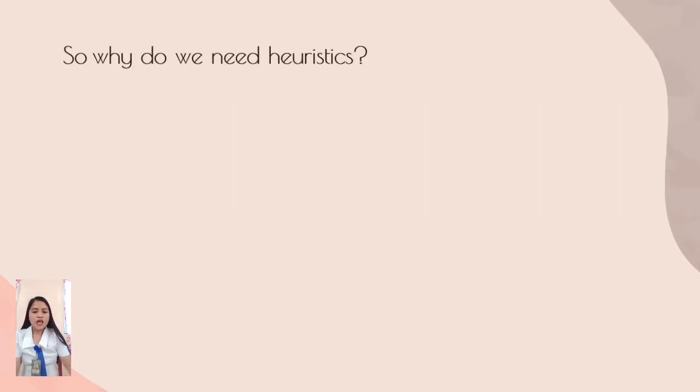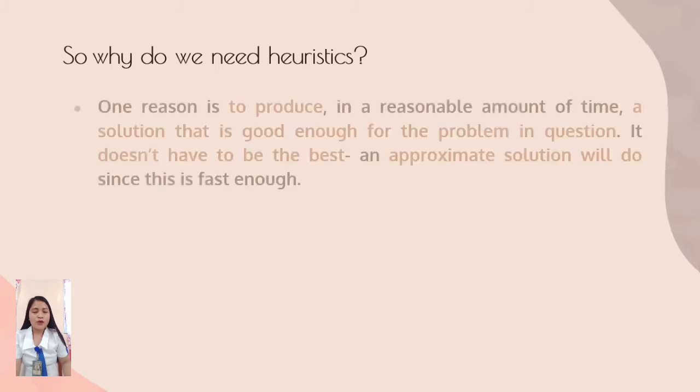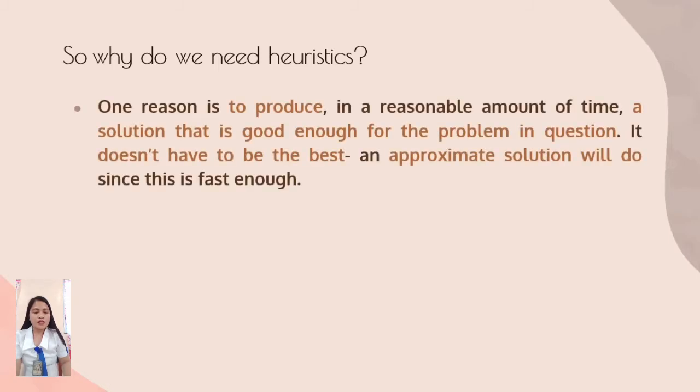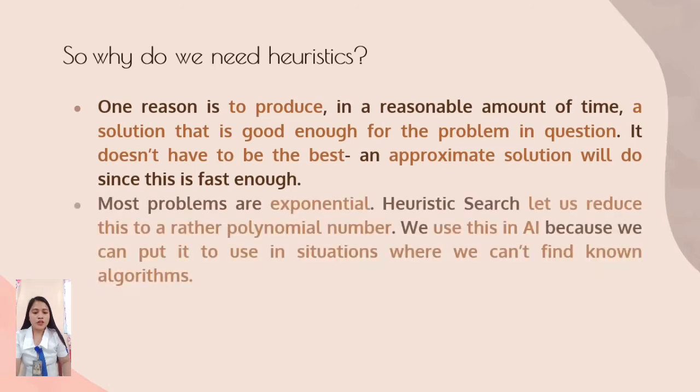So why do we need heuristics? One reason is to produce, in a reasonable amount of time, a solution that is good enough for the problem in question. It doesn't have to be the best; an approximate solution will do since this is fast enough. Most problems are exponential. Heuristic search lets us reduce this to a rather polynomial number.